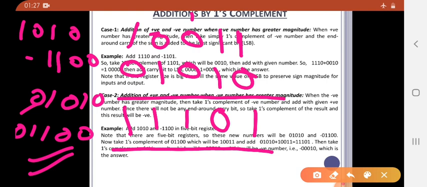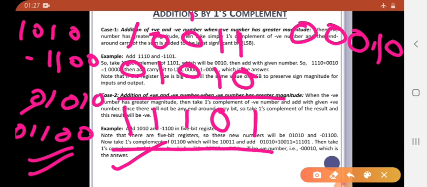Now, as the definition says, whatever the result is, you take 1's complement of that result. Now 1's complement of this number is, convert all 1s into 0s and all 0s into 1s.